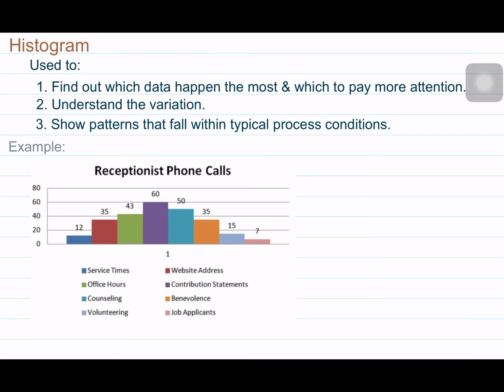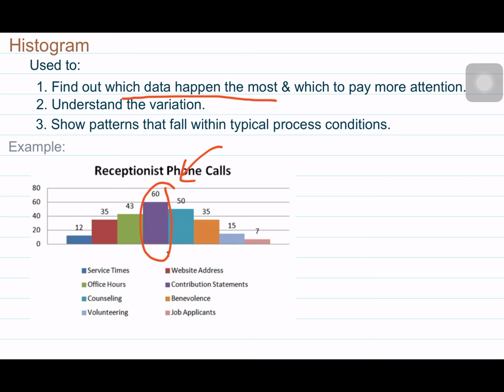In this example, it shows that the receptionist received the most phone calls about the contribution statement for that period. So, based on this, we know which is the highest, like this one, the contribution statement is the highest. So we find out which data happened the most, and this has to get more attention.